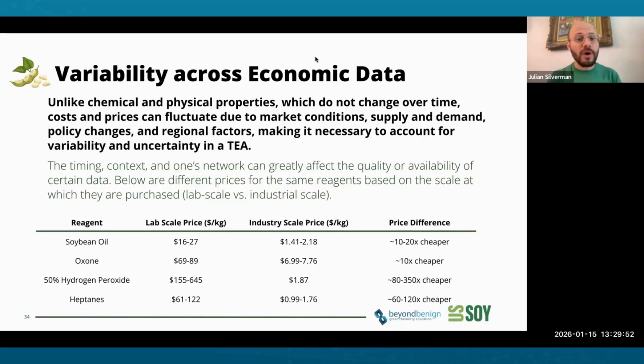And so take a moment to first notice this big difference in the pricing of different chemicals, whether or not something was purchased at the lab scale or the industrial scale. So both everyday things like soybean oil, but also some of those reagents like oxone have a really big difference in price, right? They're going to be sometimes 10 times more or less expensive depending on where you're getting them from.